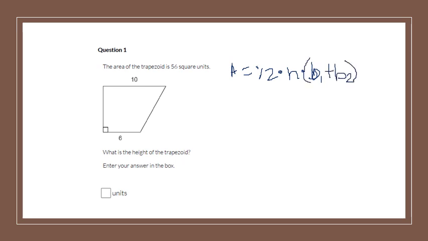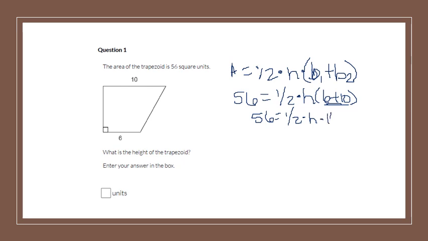Okay, so the area is 56. We know the 1/2. We don't know the height, but we know our two bases are 6 and 10. So I'm going to do the first step and rewrite while adding that 6 and 10 to get 16.